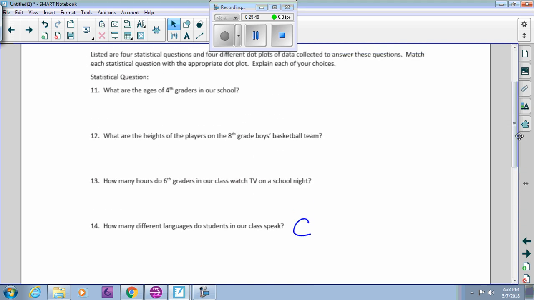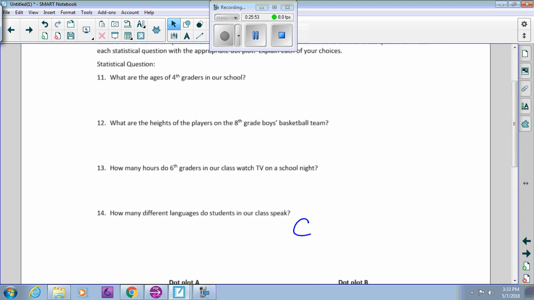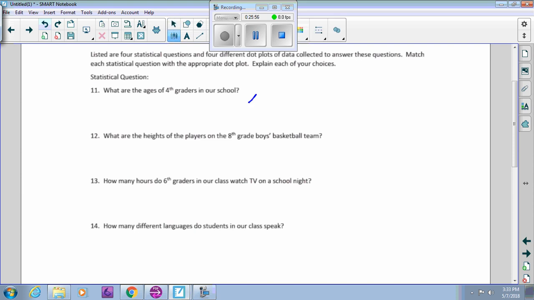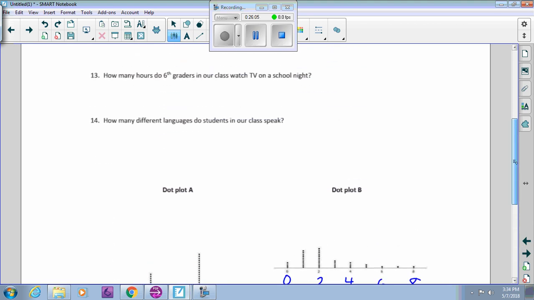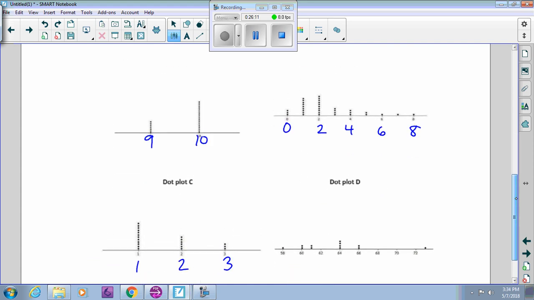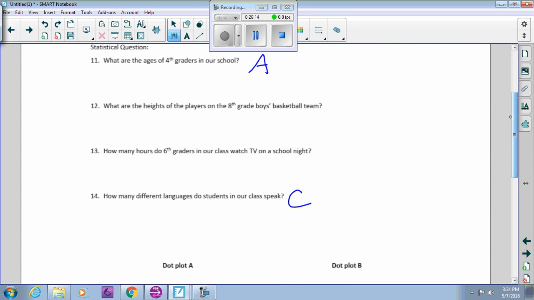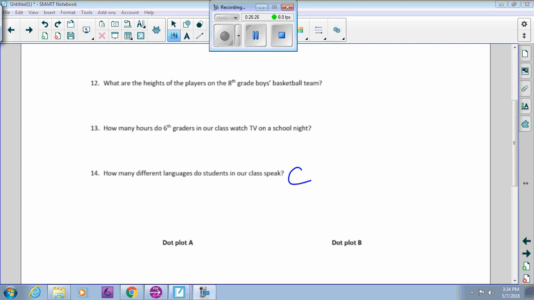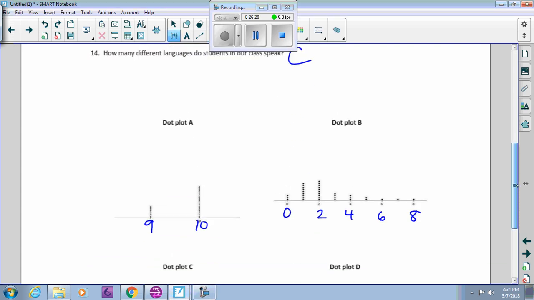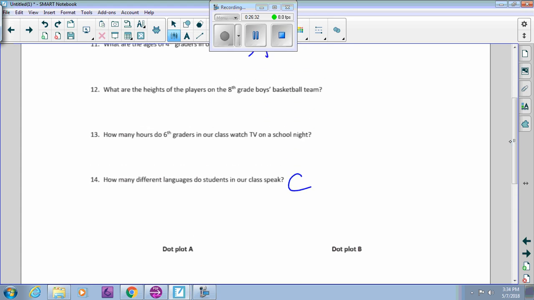So that should be dot plot A. So we've already used A and said that the language one was C. So that leaves B and D. Now obviously B would look a lot more like height than hours in a night. So dot plot B is going to be hours.